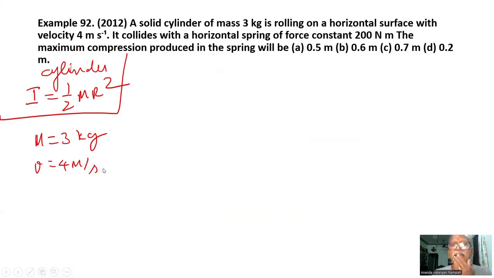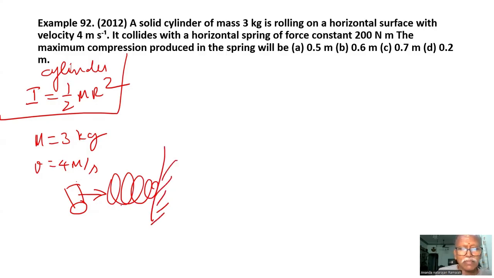It collides with a horizontal spring. The cylinder is rolling towards this direction and collides with a spring.